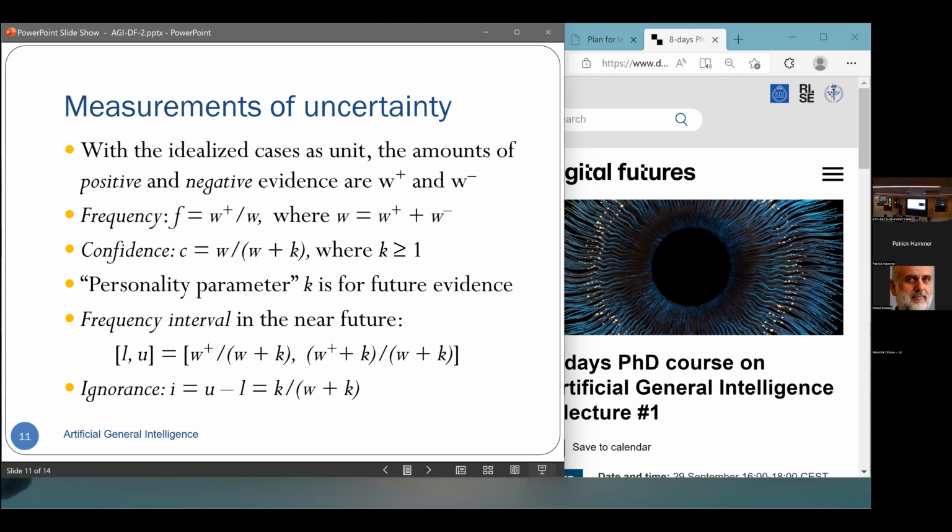On the other hand, if these two actually converge to one single point, you see that's actually probability in the traditional sense. So this can be seen as an attempt to extend probability measurement from a single point by taking future evidence into consideration.